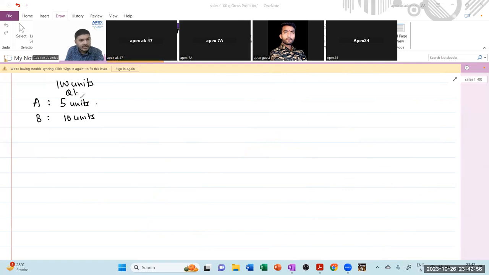This is the quantity. Now, the standard price for this A is 10 per unit. And for this B, it is 8 per unit. Fair enough. What happened in the actual world?